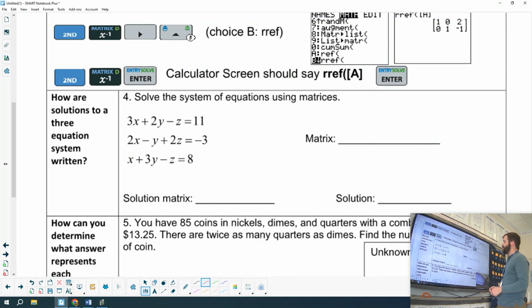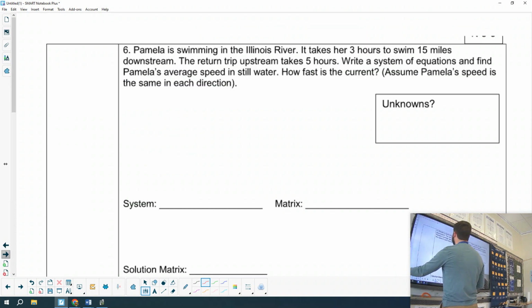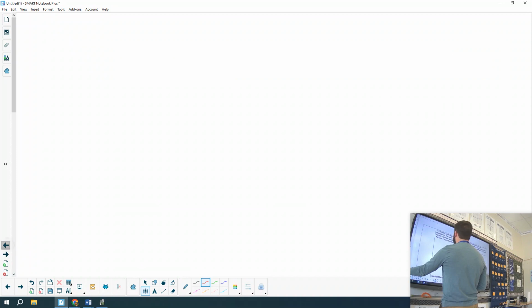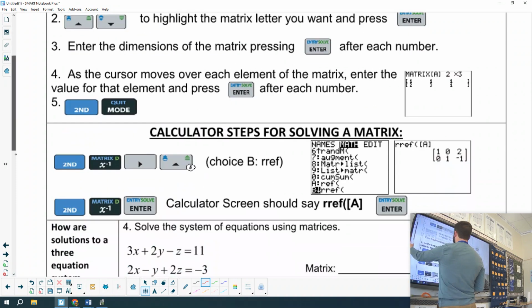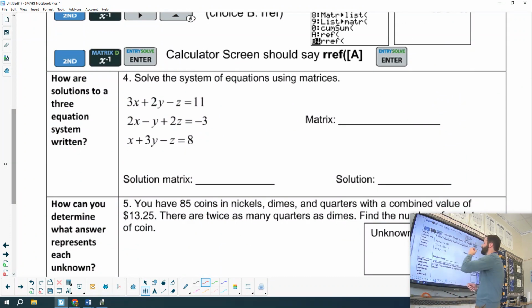Okay? So this one here is a 3x4. We're going to have some 3x4s, we're going to have some 2x3s. We're going to start off with a couple 3x4s, and then on the next page, we're going to have a 2x3. Okay? All right, so let's come down here, and we have our 3x4 here.